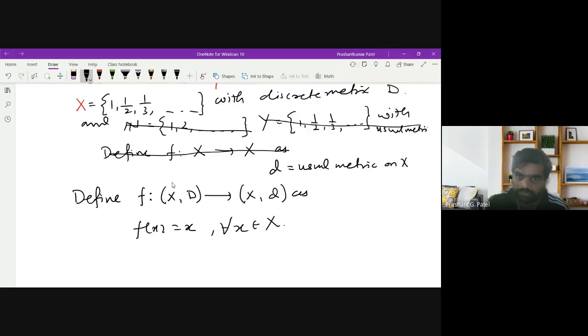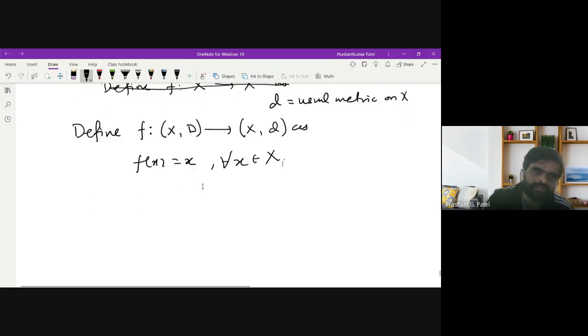But with the usual metric, this sequence converges to 0, which is not in this X. So that means this side is not complete, but this side is complete. So let us give the argument for that.